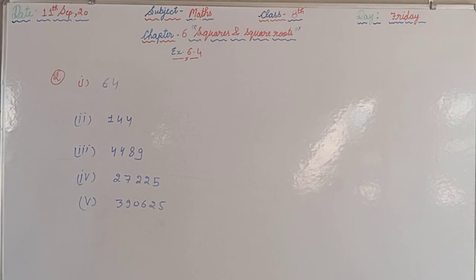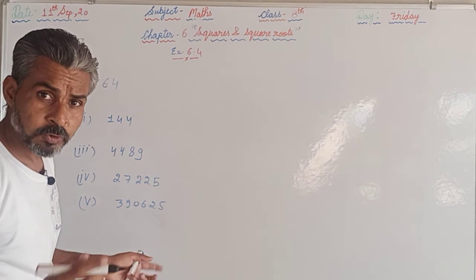How many digits will be there in the square root of these numbers without calculating the square root? We are supposed to tell.